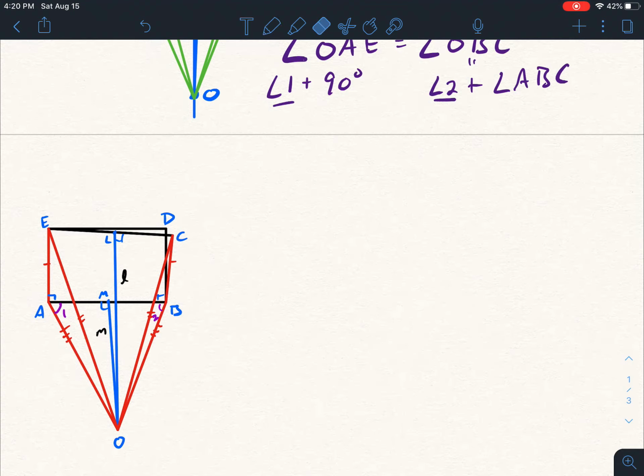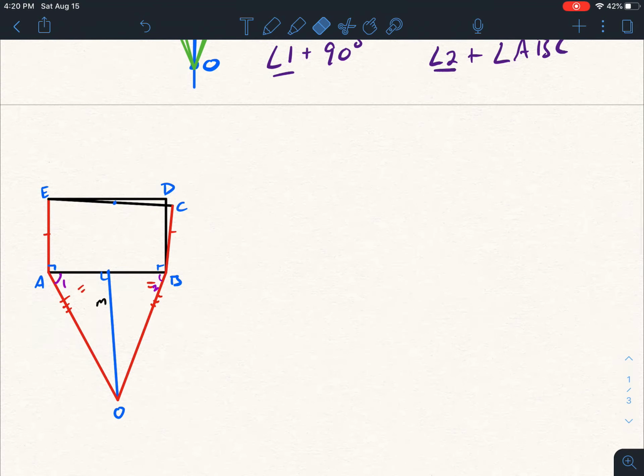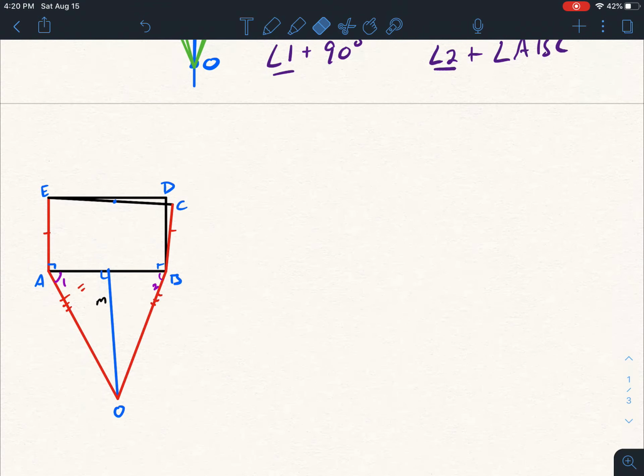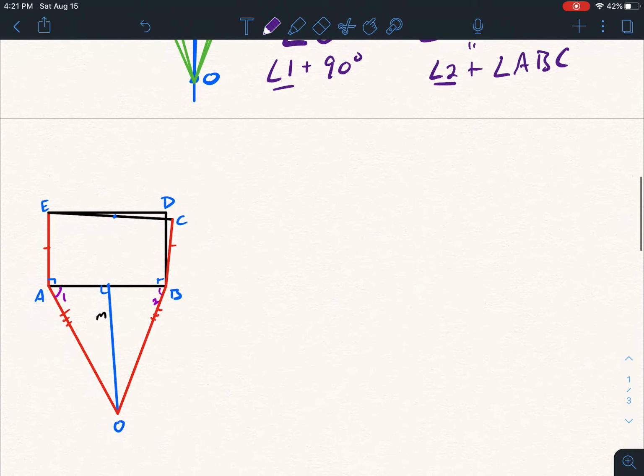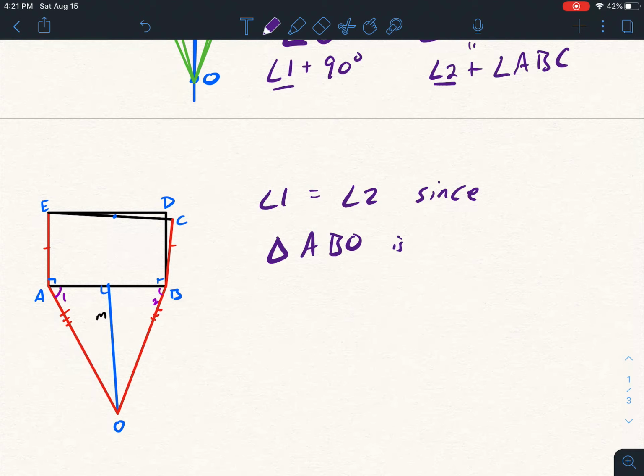Angle 1 is equal to angle 2 because this was an isosceles triangle, which we had talked about before. So angle 1 equals angle 2 since triangle ABO is isosceles. Okay.